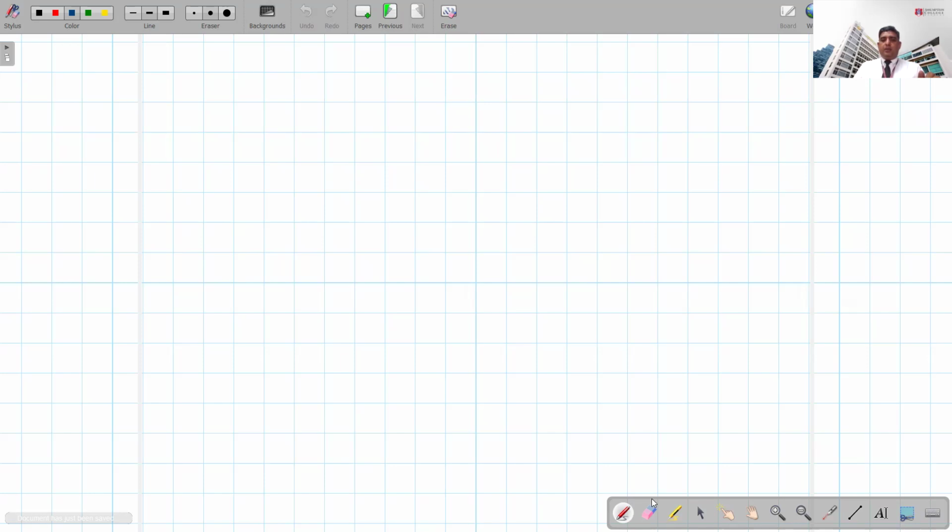So yeah, like I said, we started with standard deviation. So why do we use standard deviation? It is to actually measure the spread of data. This we have already discussed.